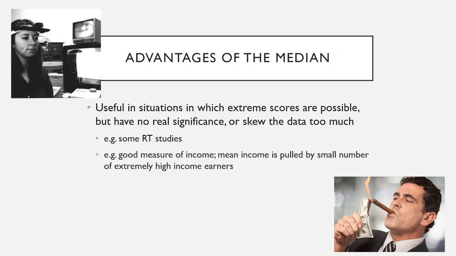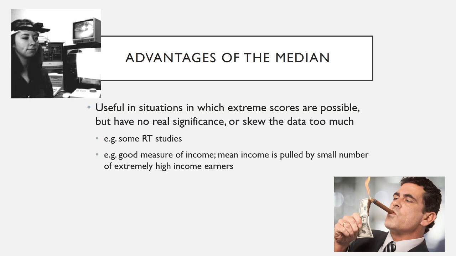Additionally, you tend to see median used very often as an average measure for income. This tends to be the ideal way to talk about income because if you're talking about income in, let's say, the United States, if you were to take the mean, average income is going to be heavily skewed by soon-to-be trillionaire Jeff Bezos, Bill Gates, Mark Zuckerberg, etc. And those extremely high earnings would artificially inflate our central tendency statistic for what is actually the average income.